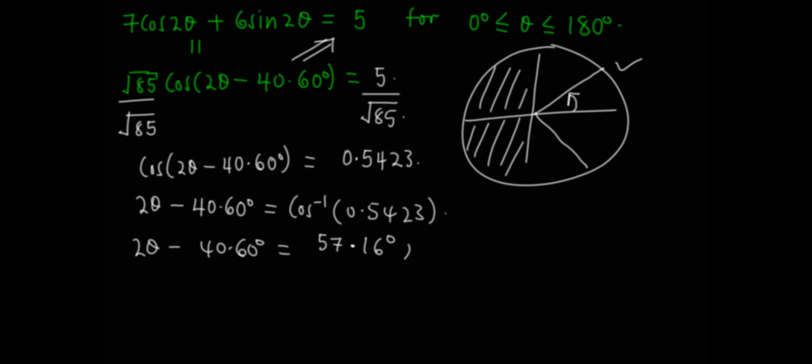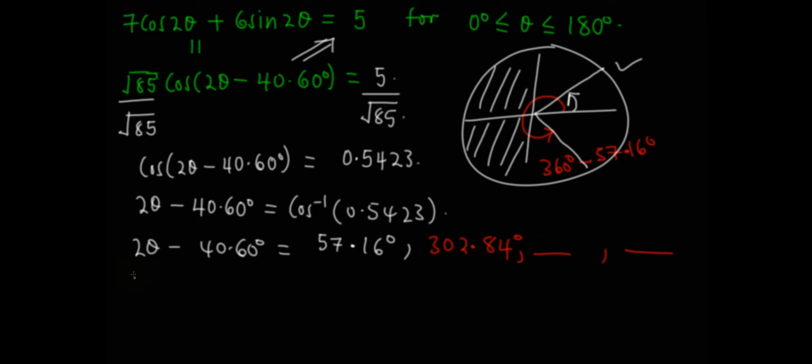Now, in the fourth quadrant, we are going to say 360 degrees minus 57.16 degrees, and this is 302.84 degrees. Now we can obtain other angles. So let us obtain θ, and how are we going to do it?